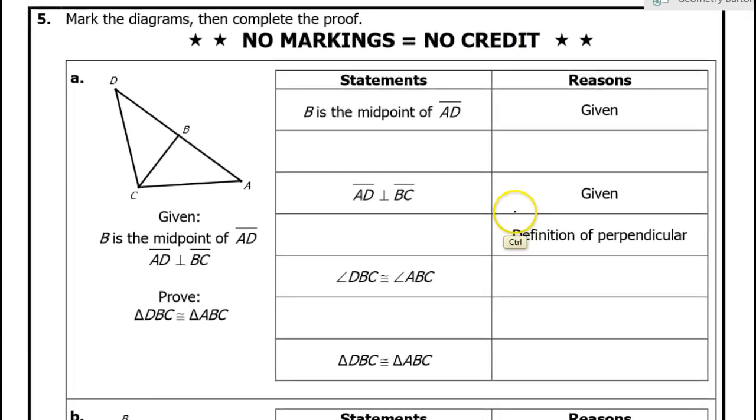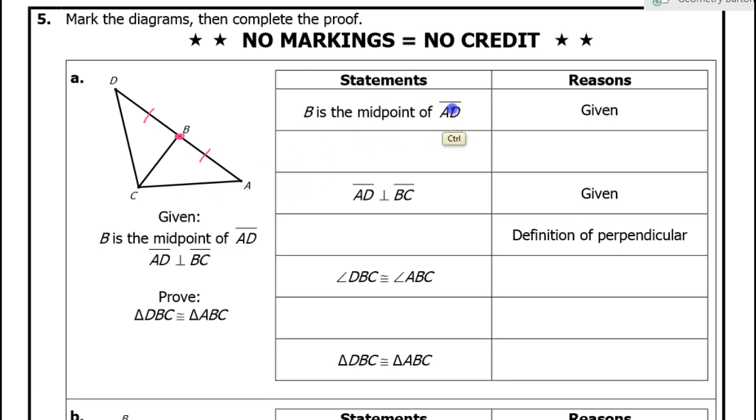All right, now we're easing forward into proofs. So now this is a full proof, but a lot of the statements and reasons are sort of filled in for us. Let's start with the given. B is the midpoint of AD. So if B is the midpoint of AD, then that means that DB is going to be congruent to BA.